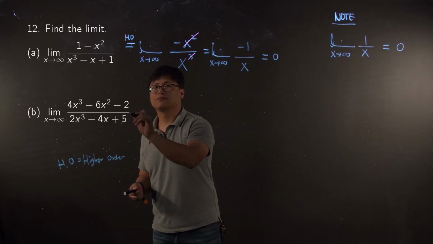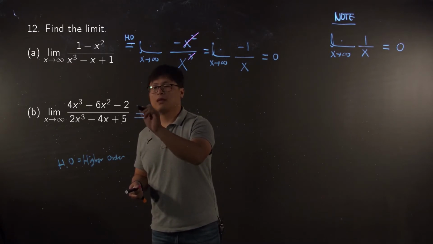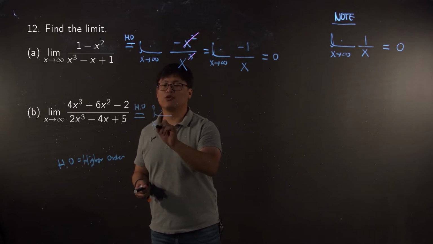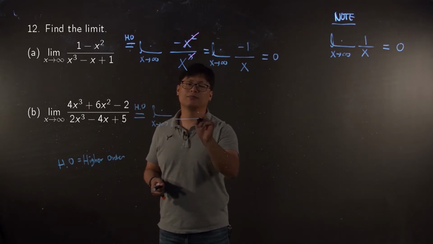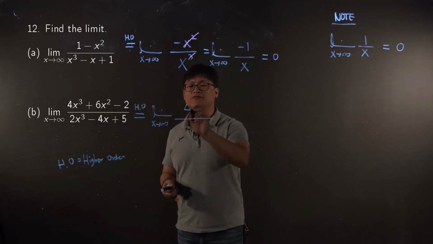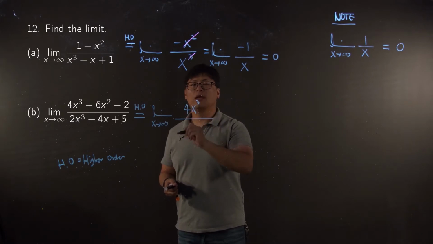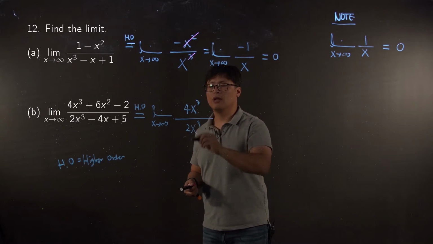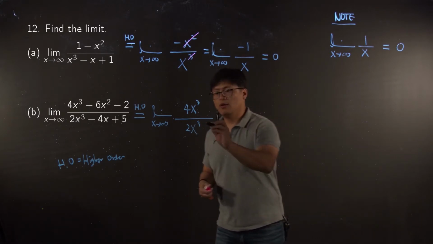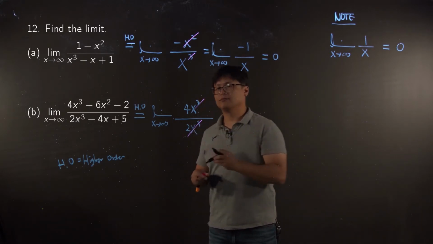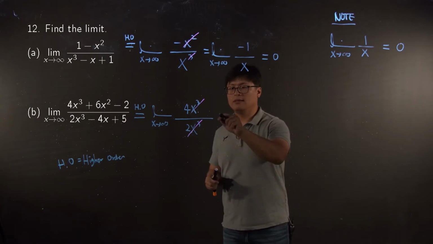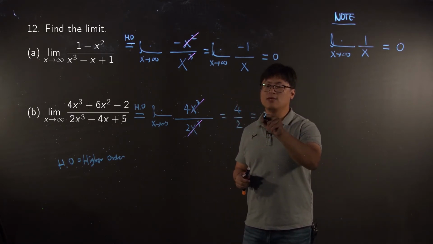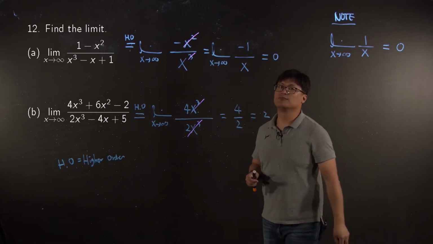Here we go. By higher order, just take the strongest term from your numerator, which is 4x cubed, and the strongest term of your denominator. There we go. Then we can just cancel these, okay? Then it is 4 over 2. Then I can say your limit at infinity is 2.